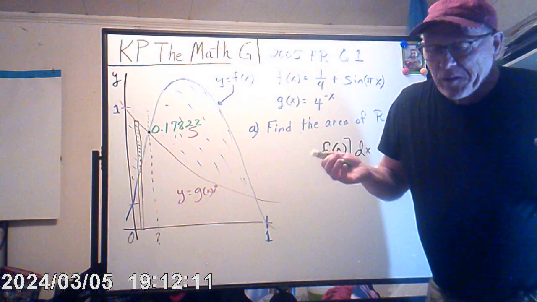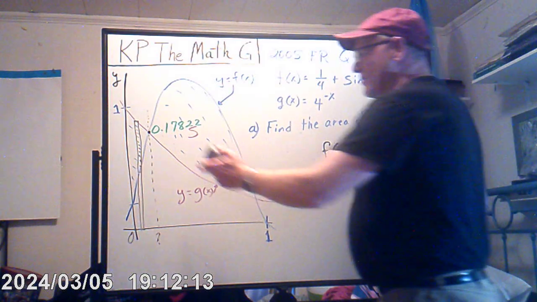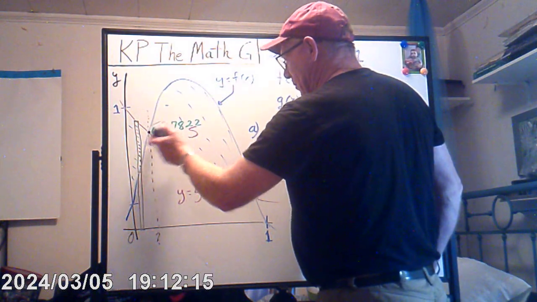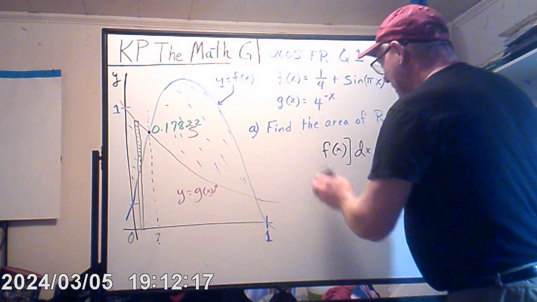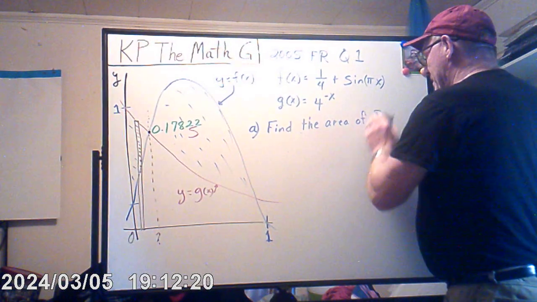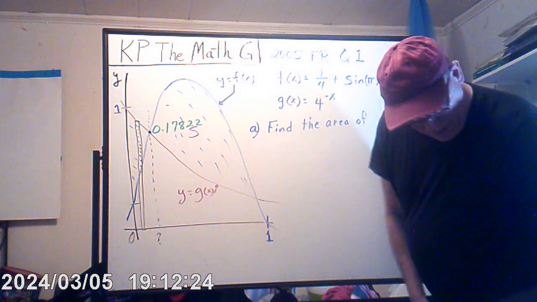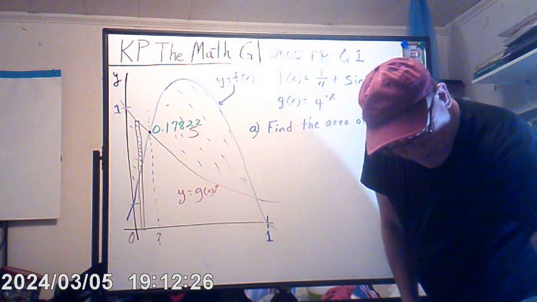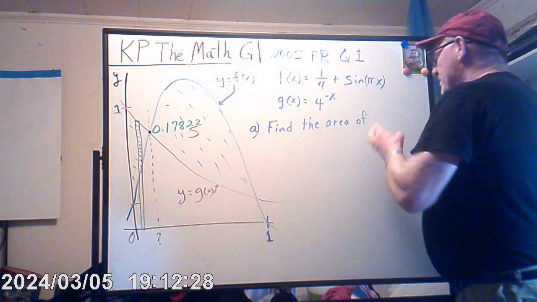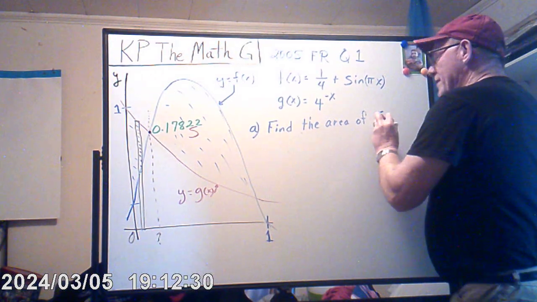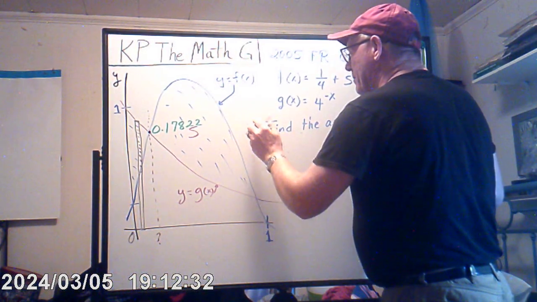That's the only reason I can see, and learning how to find points of intersection. So in this case we're finding the area of S. Okay, this is the second problem now.